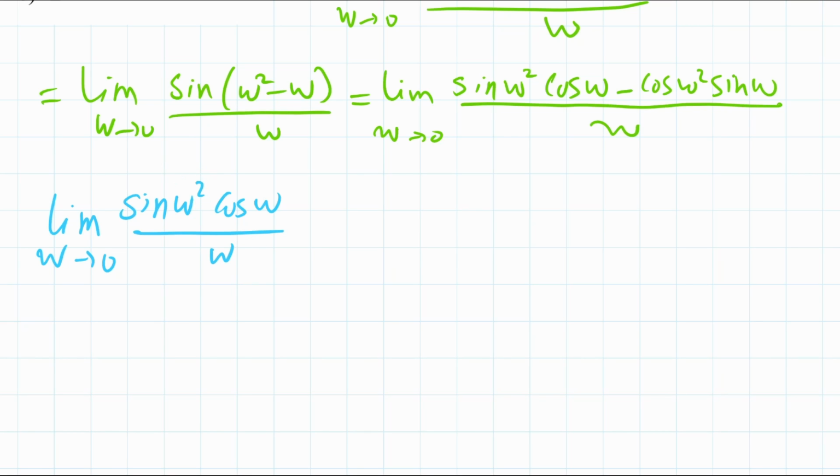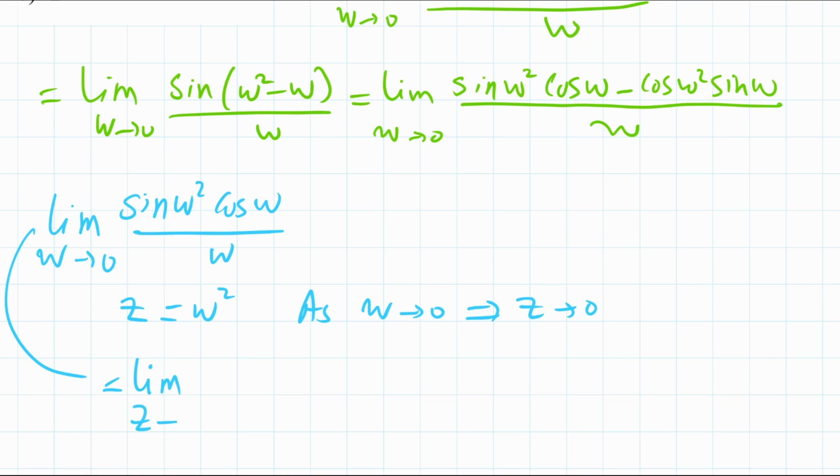So we just define z to be w squared. So now as w goes to 0, we know that z will also go to 0, and this limit here is going to be equal to the limit as z goes to 0 of sine z, and w is just the square root of z, and this is just the cosine of the square root of z.